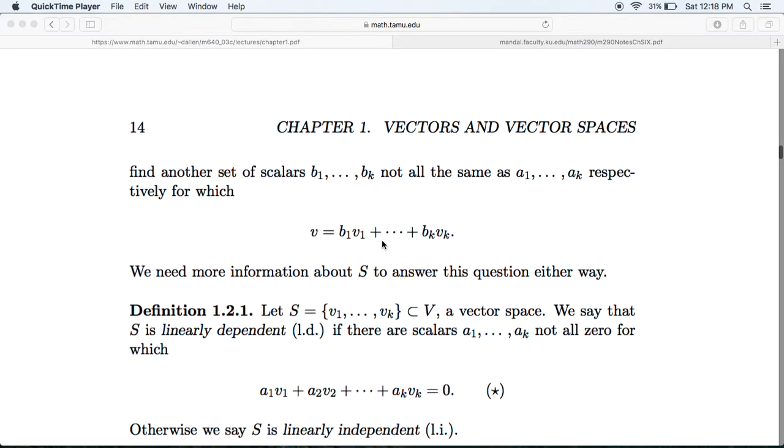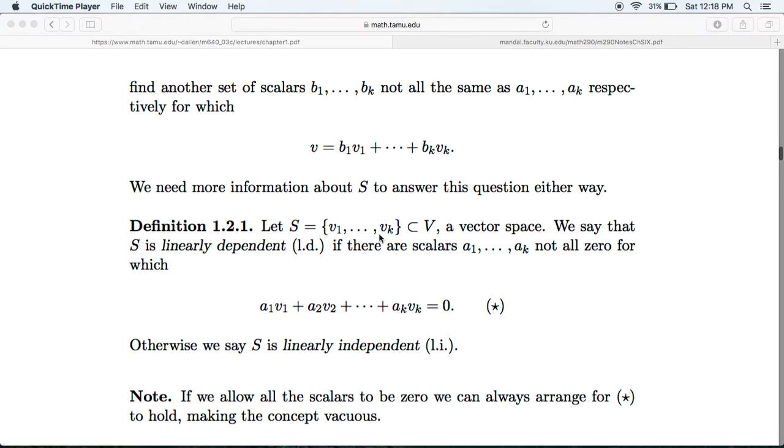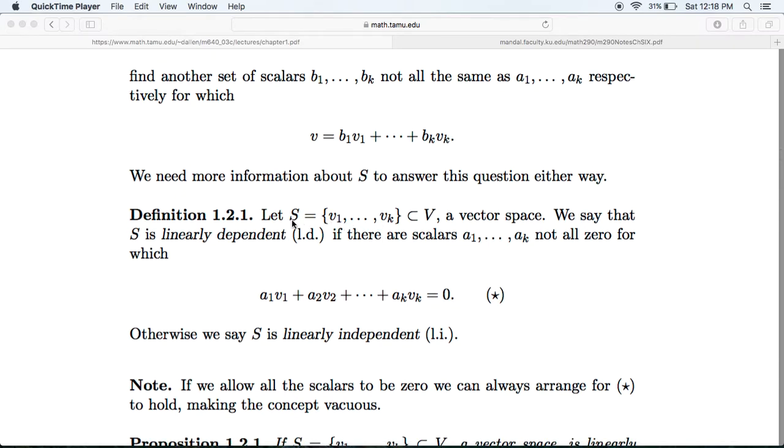We say that a set S, which is a subset of a vector space V, is linearly dependent if there exist some scalars a1 to ak, not all of them 0, some of these scalars are non-zero, such that this linear combination a1 v1 plus ... plus ak vk is equal to 0.